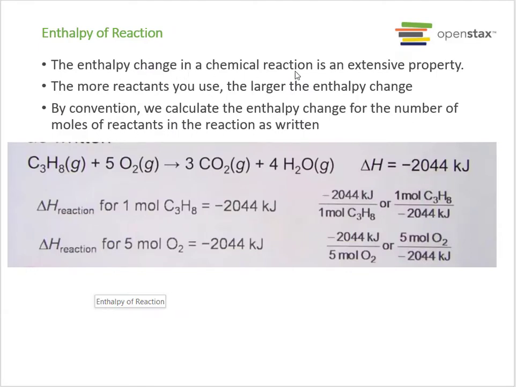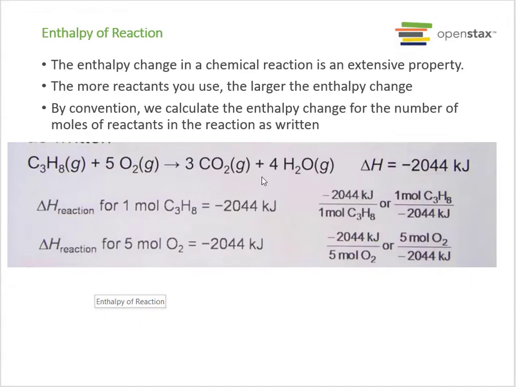The enthalpy change is an extensive property. The more reactants you use, the larger the enthalpy change. So we can calculate enthalpy change for the number of moles of reactants like this. This is the combustion of propane. We have C3H8, which is propane, like what you would use in a gas grill, and some people use it to heat their homes.